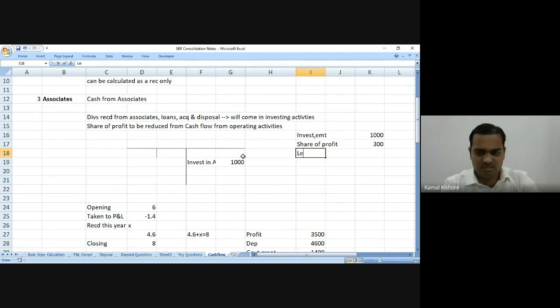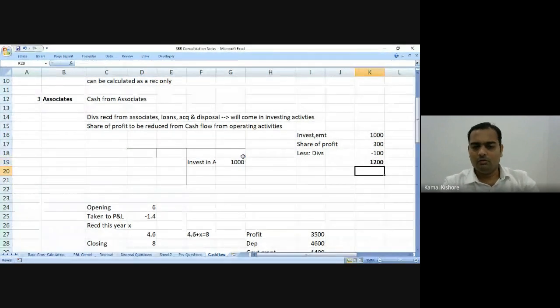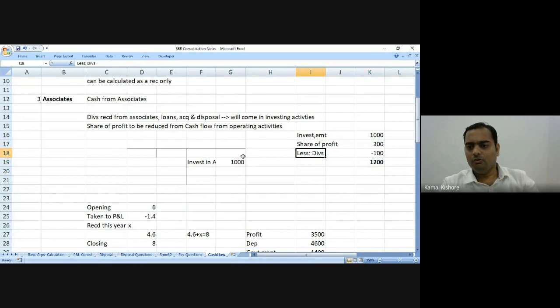Then less any dividend that the associate is paying. If that dividend is 100, because you have received that money, the net is 1,200.